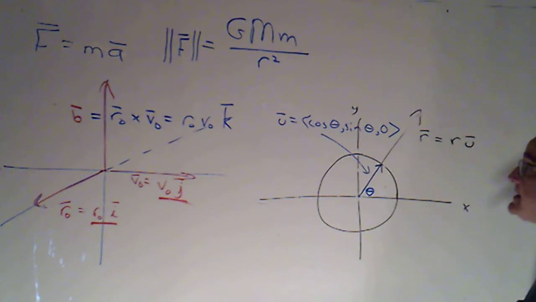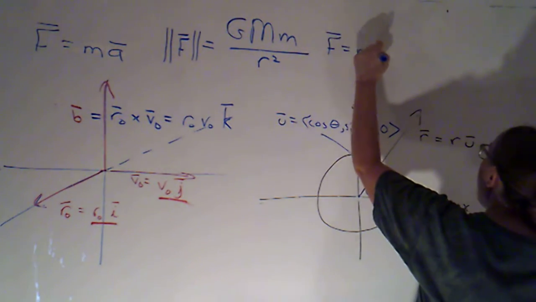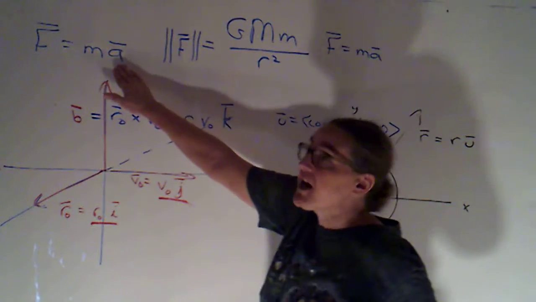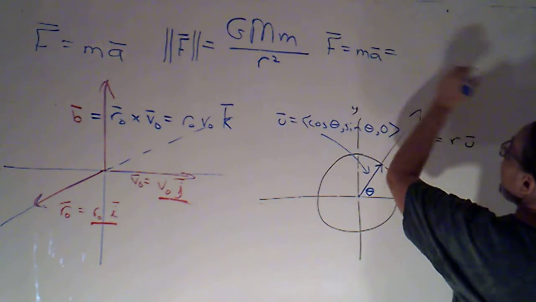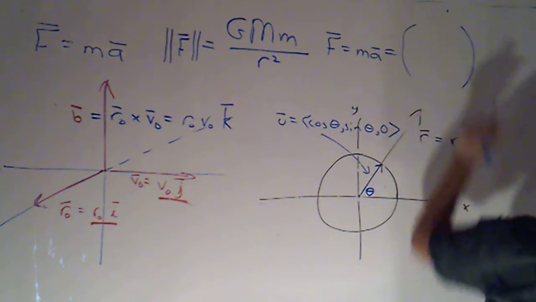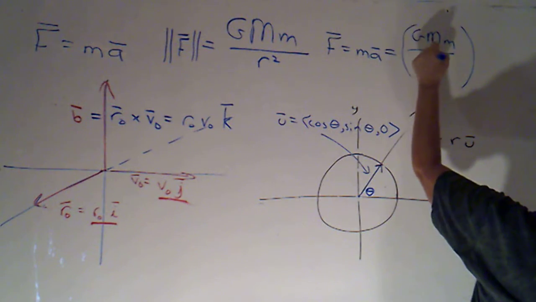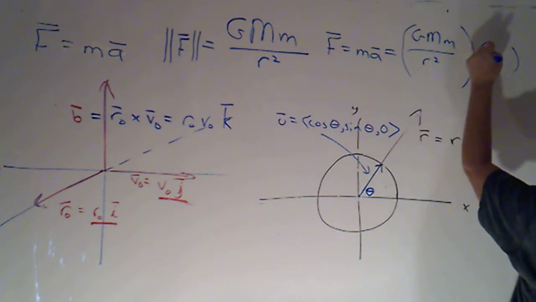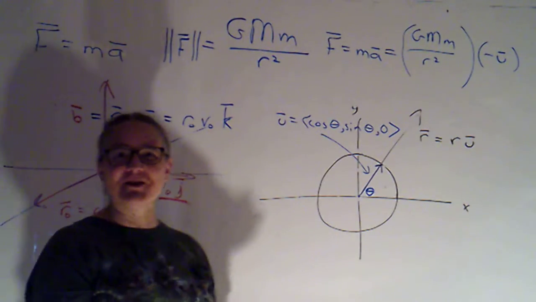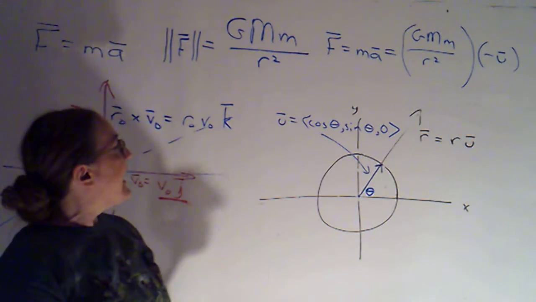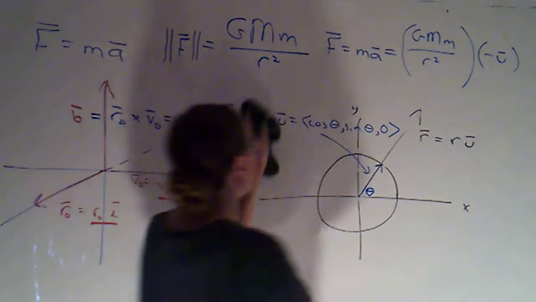So if I put those pieces together, I can say that force, which I know is mass times acceleration by Newton's law, I know that I can take the magnitude, G M m over r squared, and use that to scale the opposite of u, the unit vector that points in the right direction. And what I'm going to do here is I'm just going to solve for the acceleration.